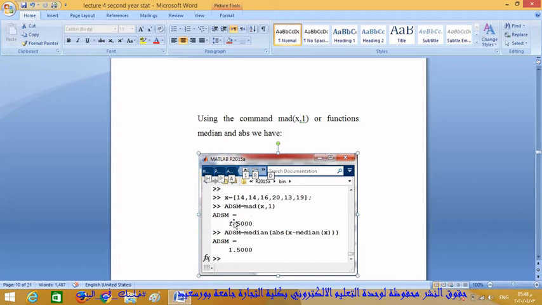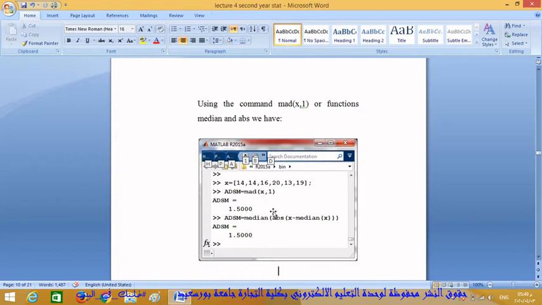So the result equals 1.5, or you can use median of abs of X minus median of X. But it's better to use MAD(X,1). So when using MATLAB, use MAD of X to compute the mean absolute deviation, and use MAD of X and 1 to compute the median absolute deviations.